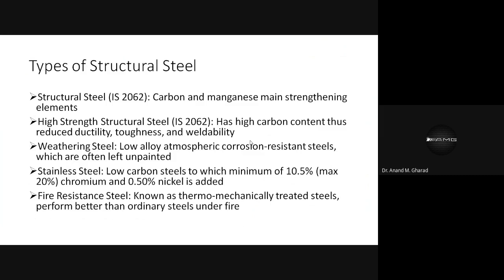It is not moving ahead. One minute. Now we are stuck.